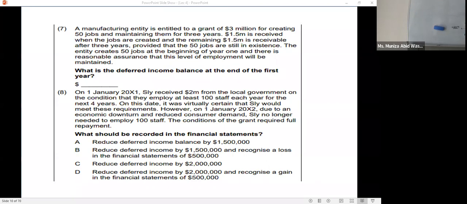Only 1.5 million is going to be reversed. Getting it? So whenever in the exam you come to know that the previous condition is not going to be met, what are we going to do? The first case: reduce the deferred income balance by 1,500,000. See the options and tell me what the right answer is according to this.